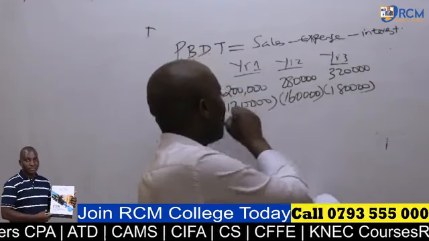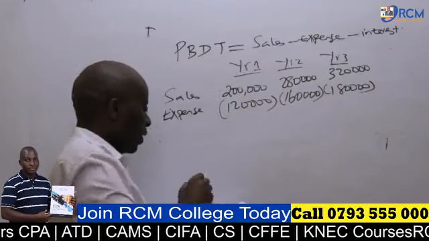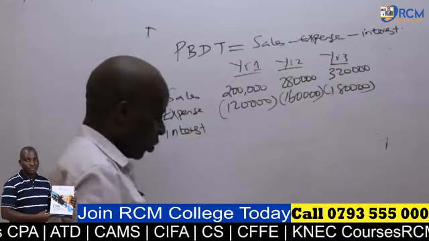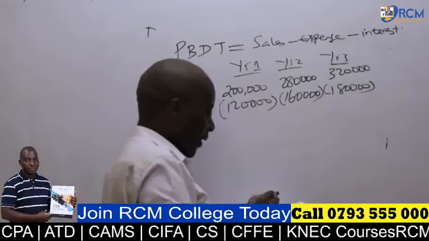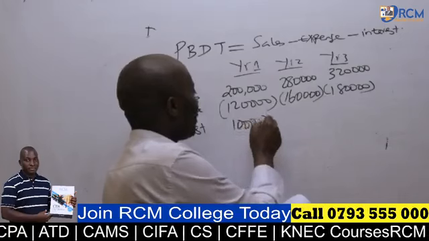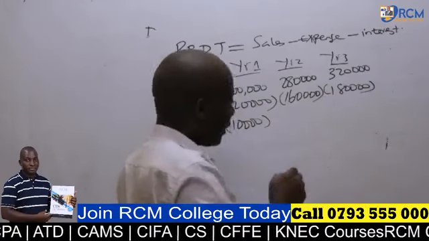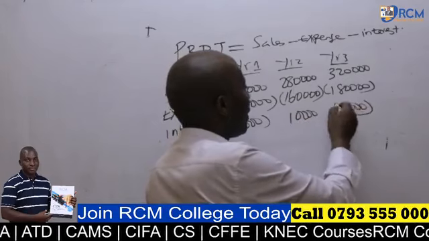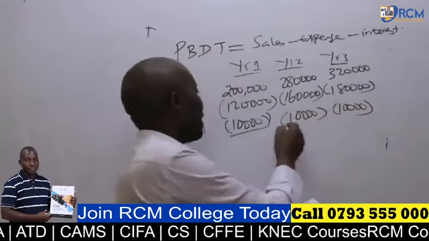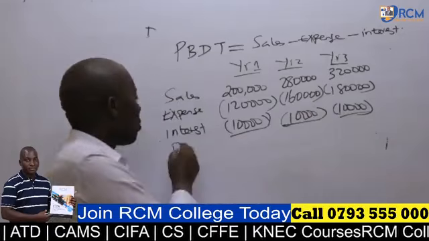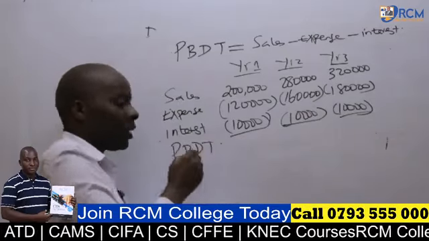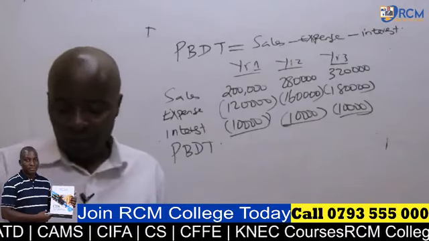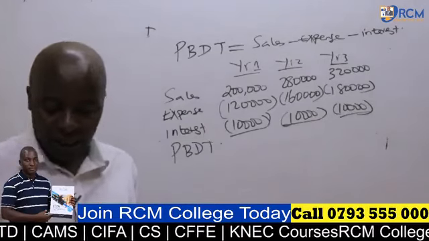Subtract these ones. I also have interest to be subtracted forthwith. Interest is 10,000, 10,000, 10,000. If I subtract those three, then I'll be able to get what we call profit before depreciation and taxation.